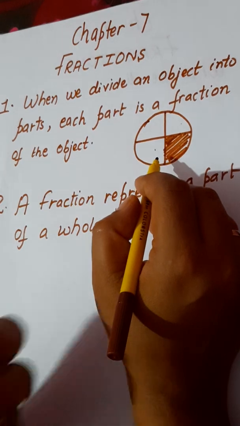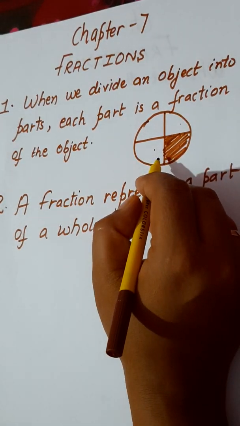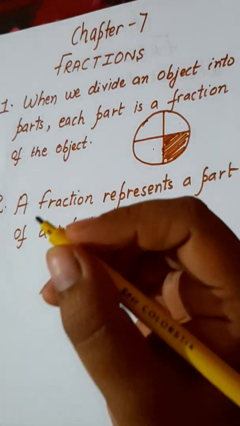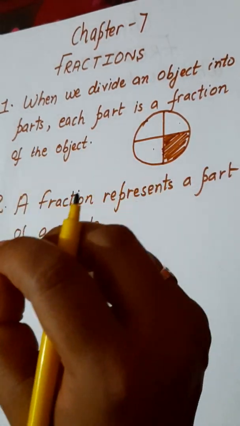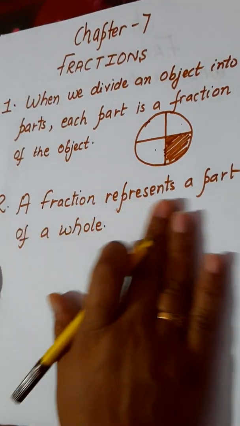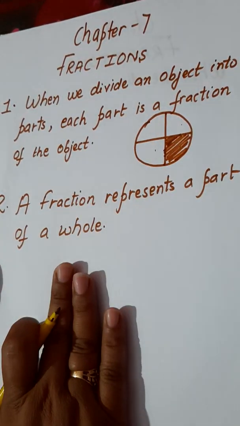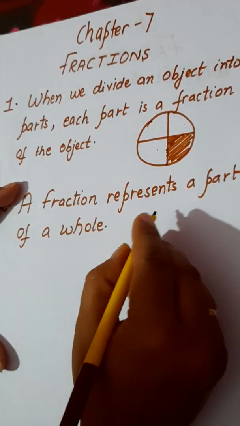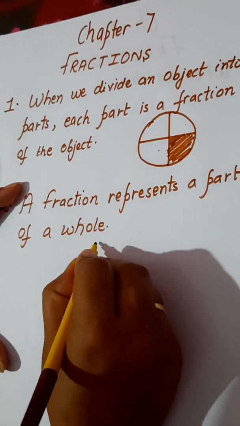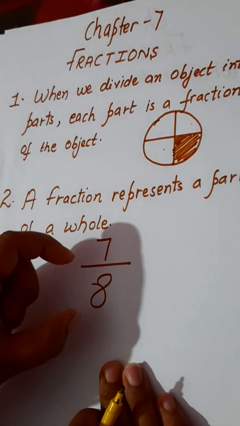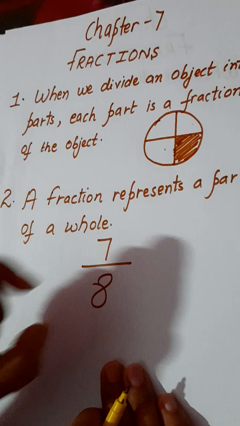For example, if you order pizza, then each slice, each part of the pizza, is representing a fraction of the object. So basically a fraction represents a part of the whole, and a fraction has a numerator and a denominator. For example, if I write 7 upon 8, now here we are representing this in a fraction.